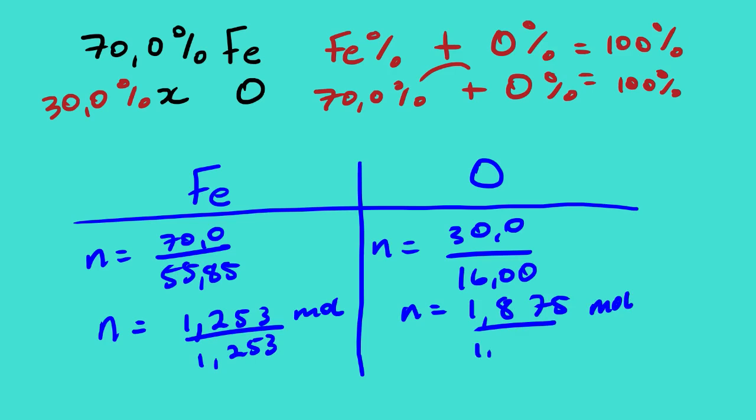So you're going to divide by 1.253. And now n for iron is equal to 1.